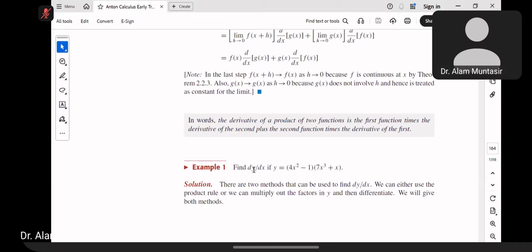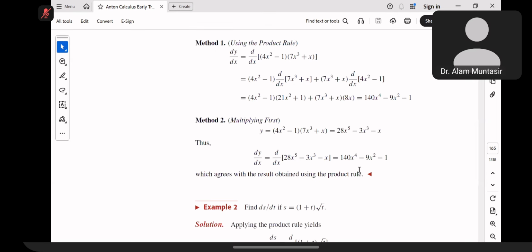You can consider this function as f(x), and the next function, 7x cubed plus x, is g(x). Using the product rule formula, just separately differentiate and multiply with the other function, and finally simplify.